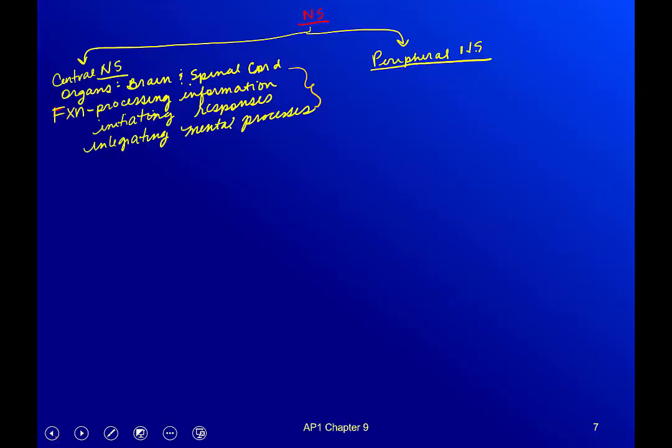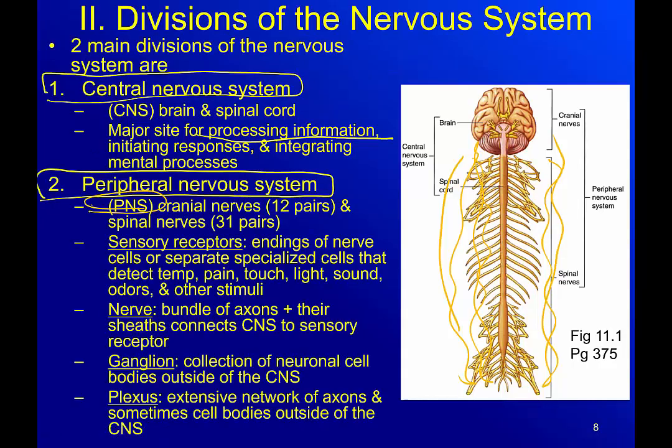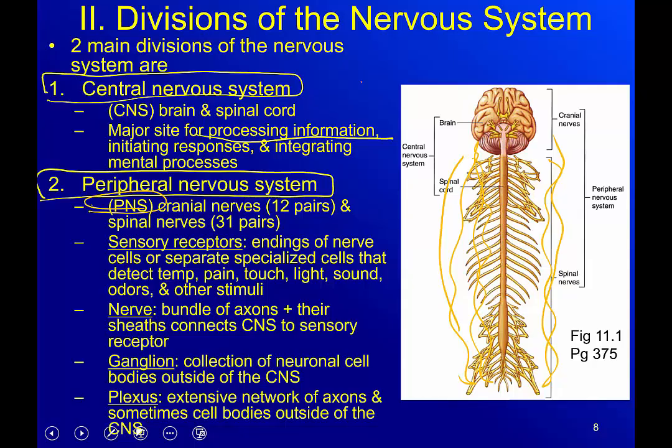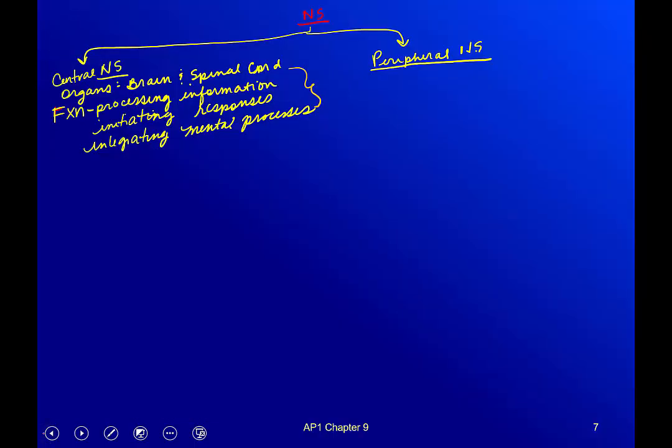So for my organs, I'm going to say spinal nerves and cranial nerves.